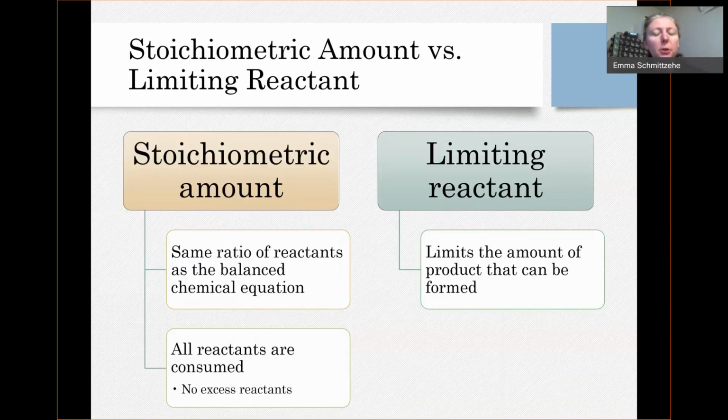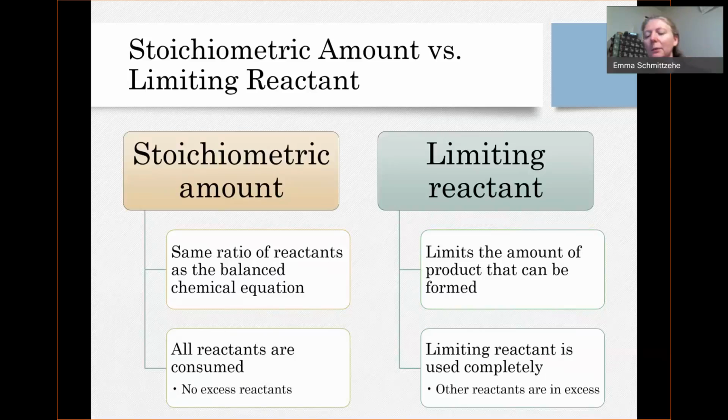So we want to make sure we measure that pretty accurately, and then just make sure there's enough of the other stuff. So in this, the limiting reactant is going to be completely used up. And that means everything else would be called an excess reactant. Everything else, there's some left over in the end.